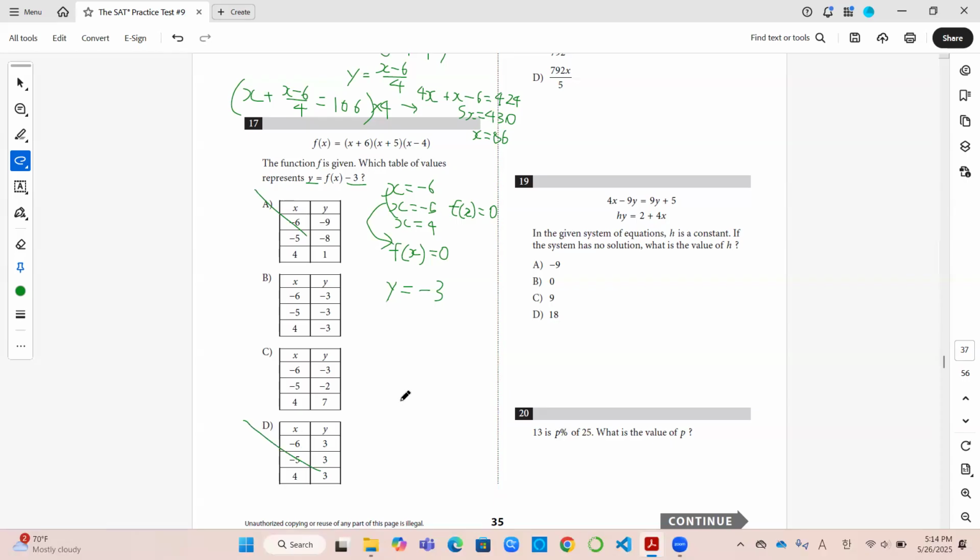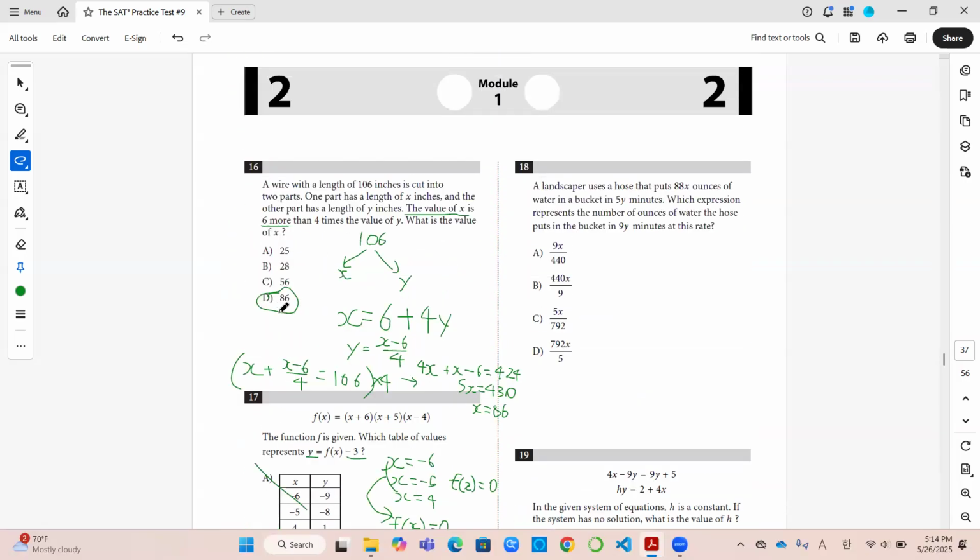Now you can choose between B and C, but like I said, when x is equal to -6 or -5 or 4, f is equal to 0, and y should be 0 minus 3, so gives us a -3 here. So for question 17, B as in boy is the correct answer.